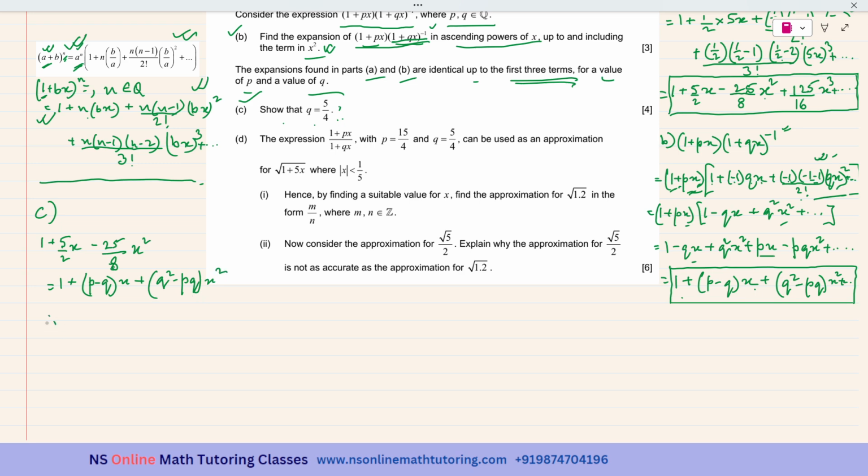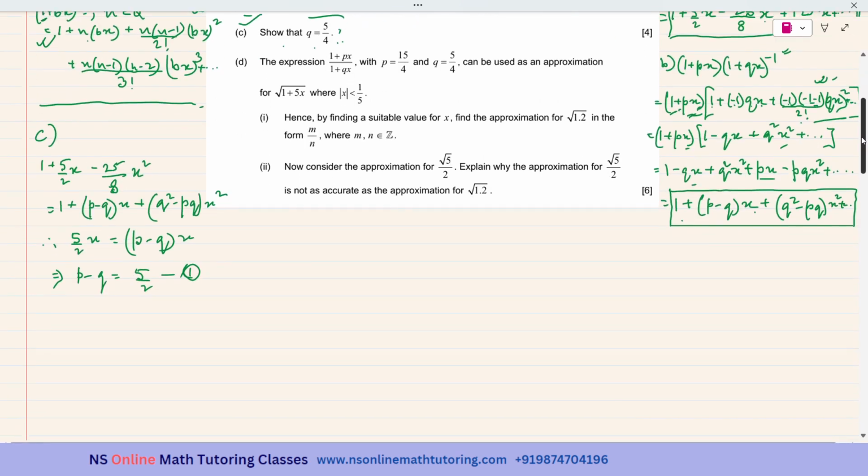Okay. So therefore 5 over 2x is equal to P minus Qx, which implies P minus Q is equal to 5 over 2. This is one of the equations.